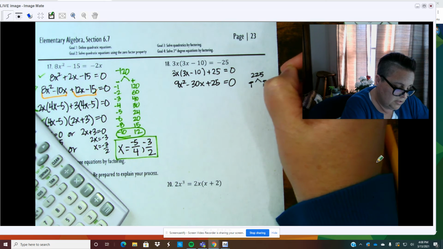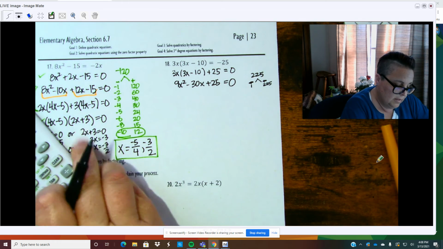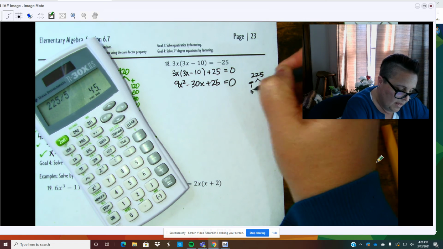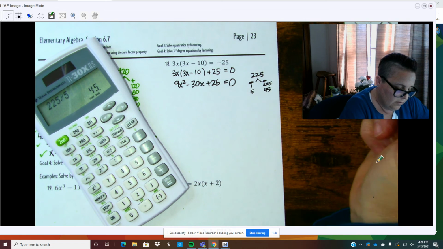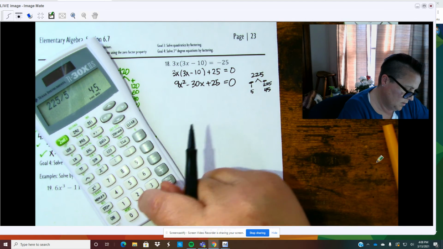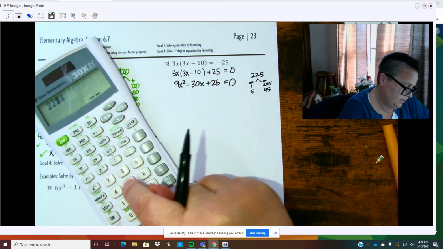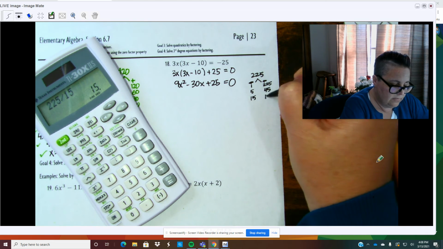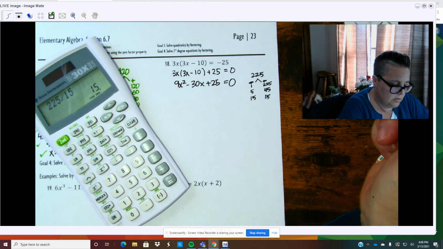That's going to be 1 and 225. It ends in a 5, so 225 divided by 5, or a 5 times 45. That's not going to work. Okay. 10 won't work. Will 15 work? So let's do 225 divided by 15. Aha! 15 and 15.